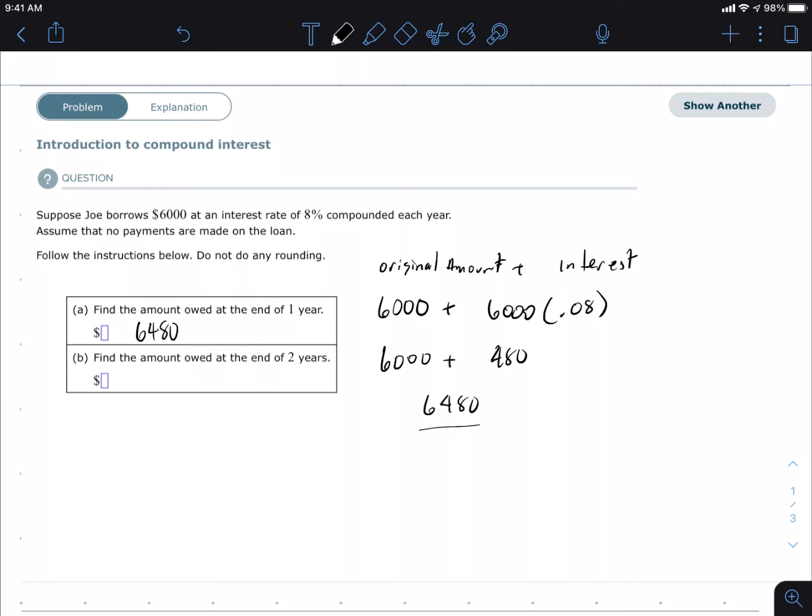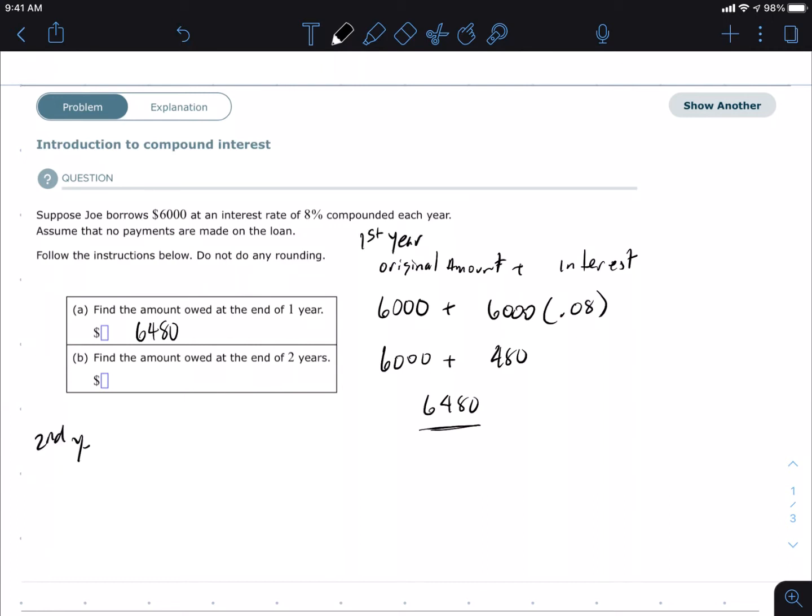Isn't this what he owes at the start of the second year? Right? Because that's the amount at the end of year 1. So at the start of year 2, he doesn't owe $6,000. He owes $6,480. Does that make sense to everyone? Yeah? All right, so this was the first year.